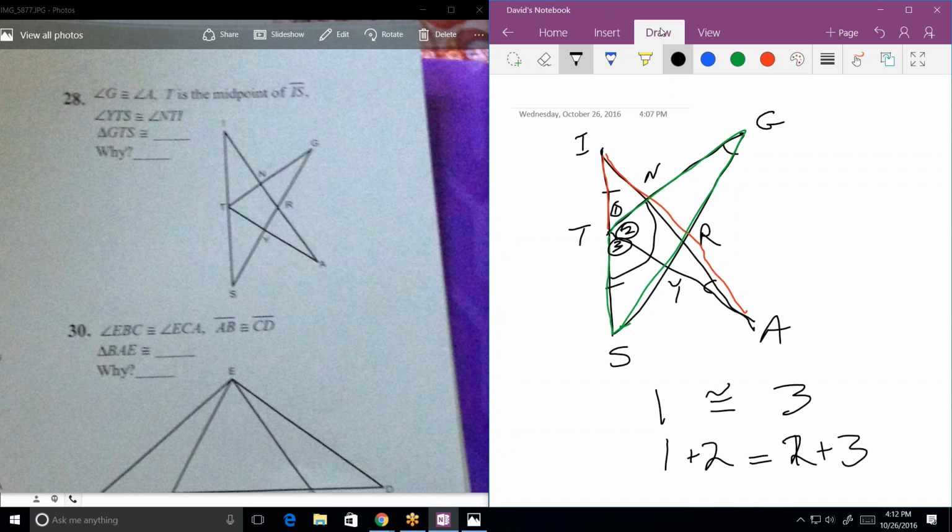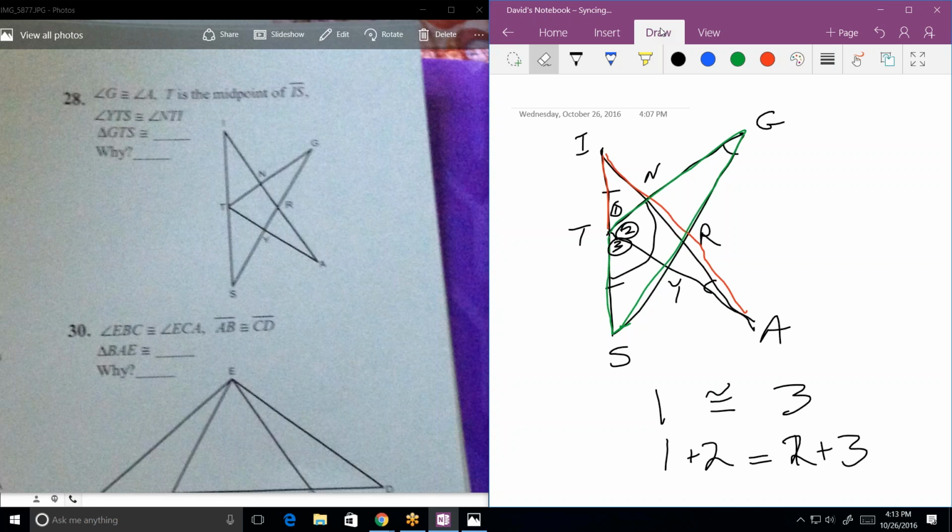In other words, if I say that A equals B, then A plus C has to equal B plus C, because all I'm doing is adding C to both sides. Well, that's what we're doing here. We've said that angle 1 is equal to angle 3, and I'm adding 2 to both sides. So I suppose that must be the addition property for algebra.